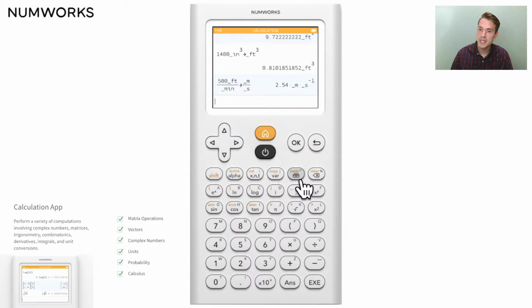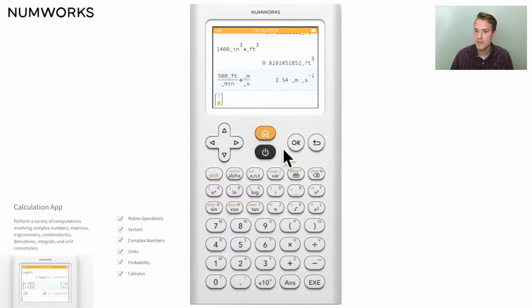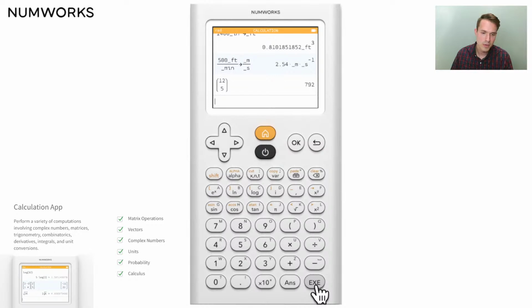So this is a combination. So if we go into the toolbox, we can find our probability menu, and within combinatorics, we'll find our combinations. From a group of 12, we're going to pick 5. So from 12, we'll choose 5 and find out that there are 792 ways to do that.